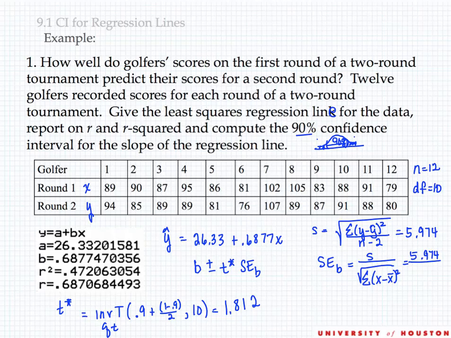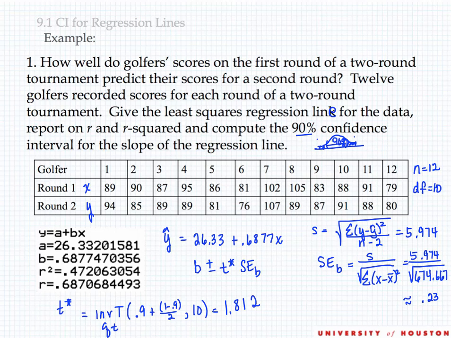So what we have is the square root of 674.667 in there. When I divide this out, I get a standard error of approximately 0.23.